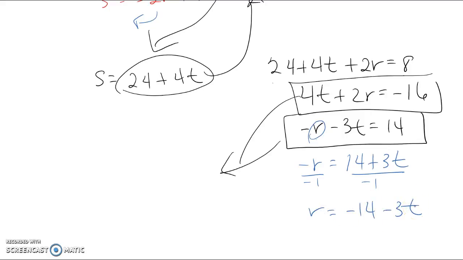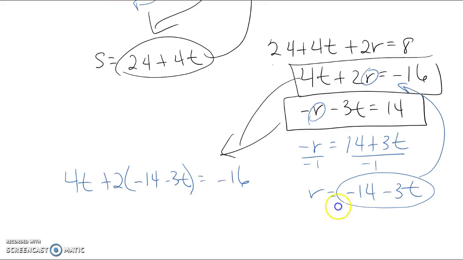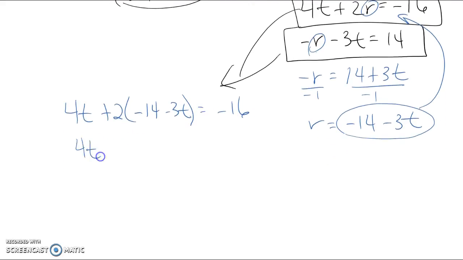Awesome. Now, this is the r. All of this is going to get plugged in for the r in the other equation. So we're plugging it all in up here. It'll be 4t plus 2 times all of this equals -16. Beautiful. And then from here, we're just going to distribute.